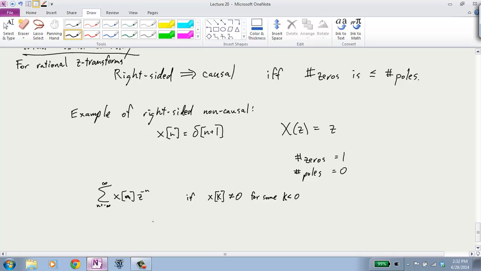Then you're going to get x of k, z to the negative k, plus the rest of the sum, for n not equal to k.